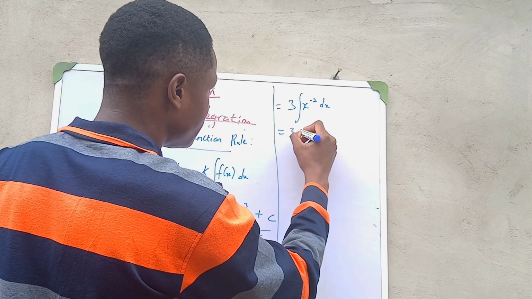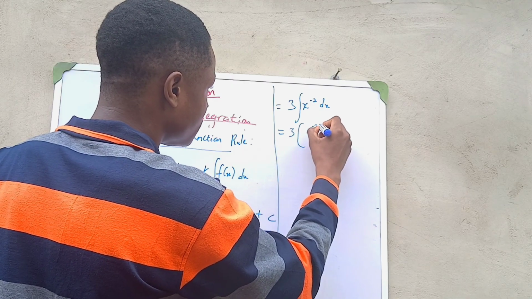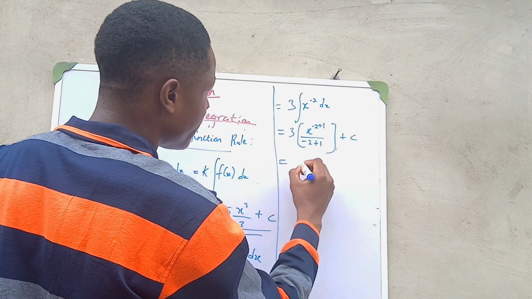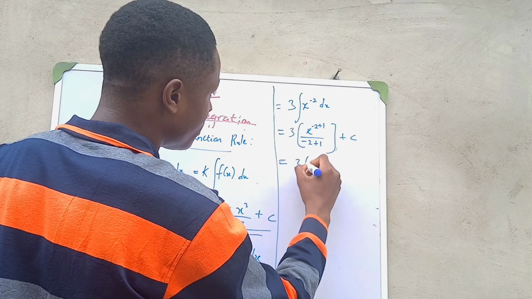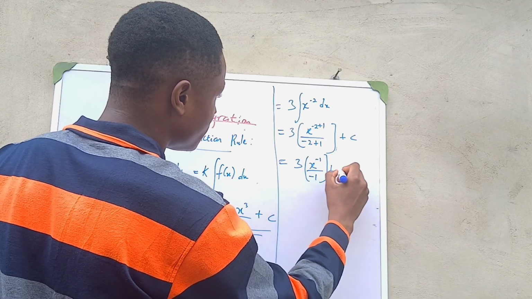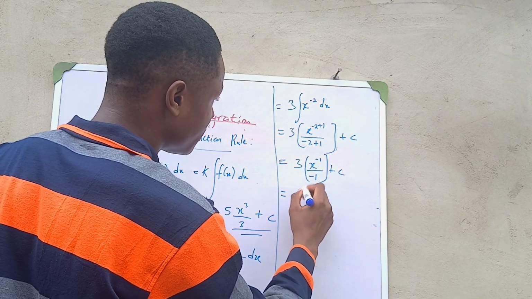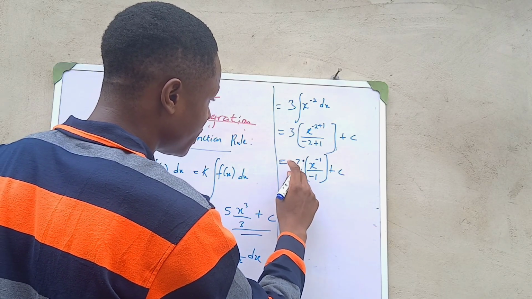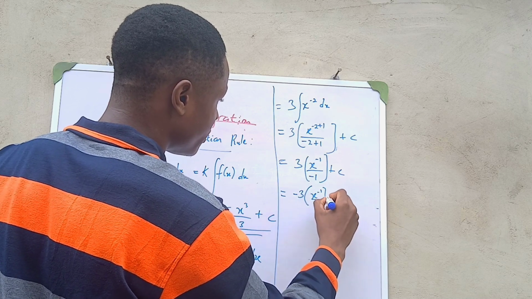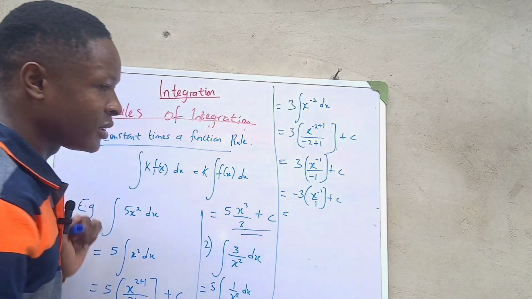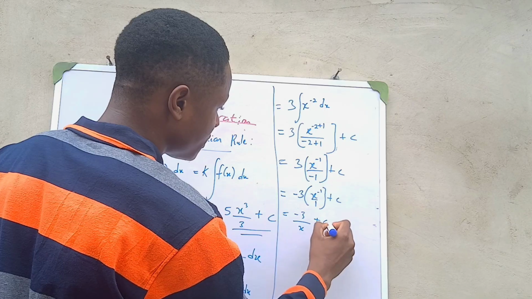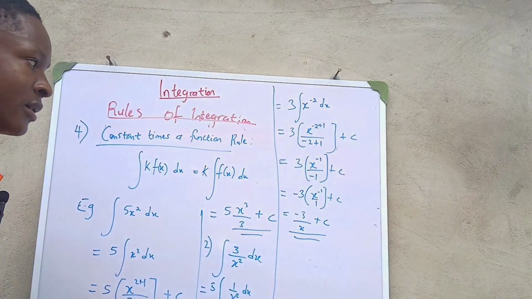So we have 3 bracket x to the power minus 2 plus 1 all over minus 2 plus 1, plus c. So we have 3 x to the power minus 1 over minus 1 plus c. So we have minus 3 times x to the power minus 1 over 1 plus c. x to the power minus 1 is the same as 1 over x. So we have minus 3 over x plus c. So that's our final answer.